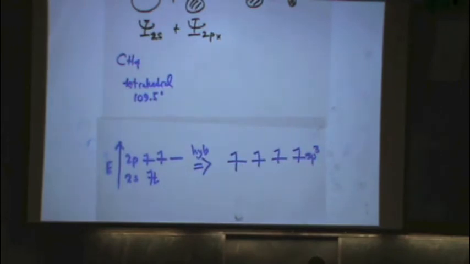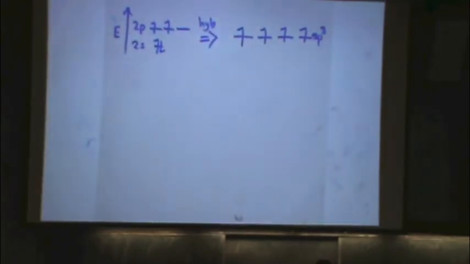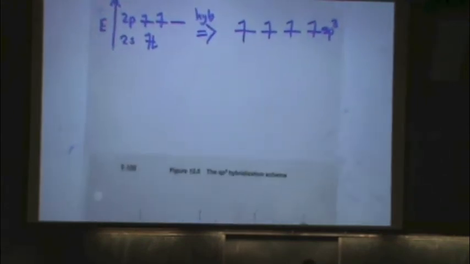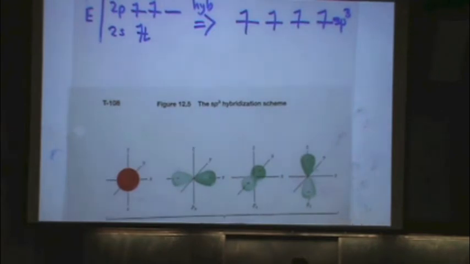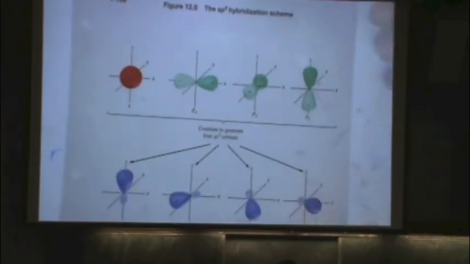Let me show you this schematically in an artistic rendering. I'm going to zoom in a little bit. When we take these four orbitals, we mathematically add their functions. When we do that, we get these four new orbitals right there, which you can see there's a larger part and a smaller part.